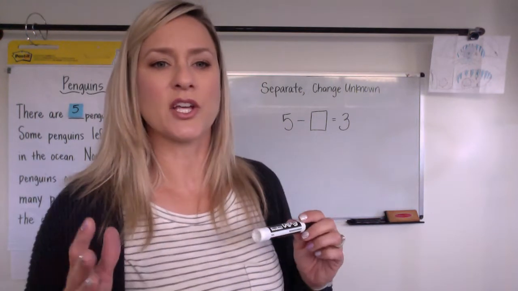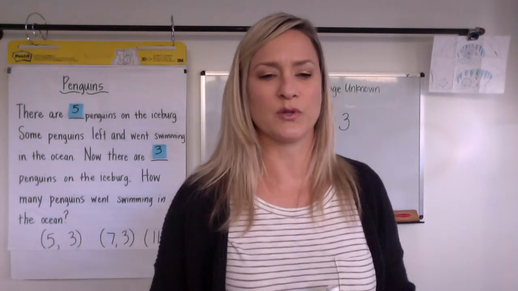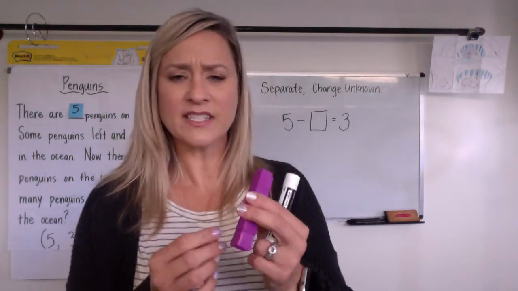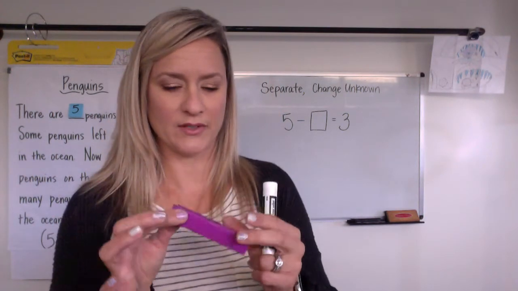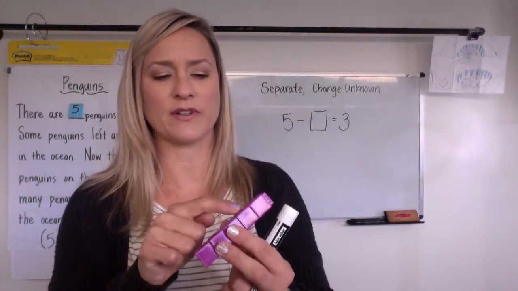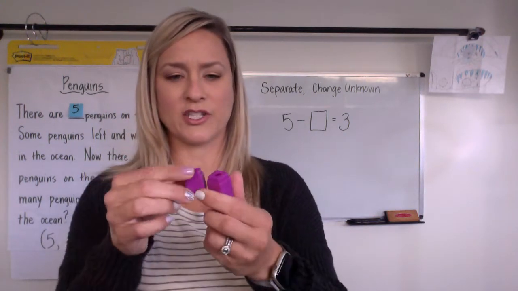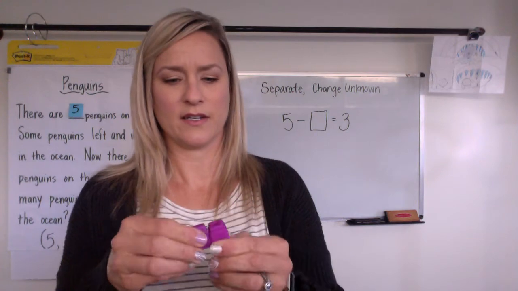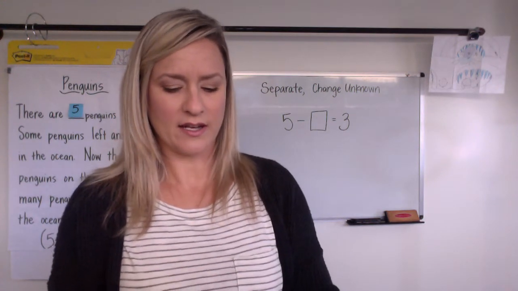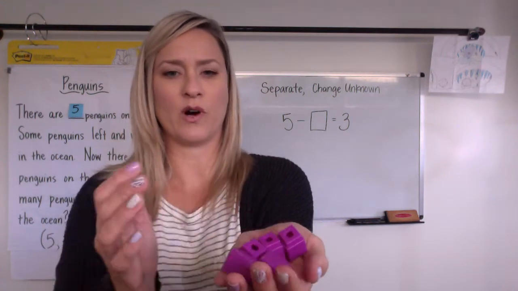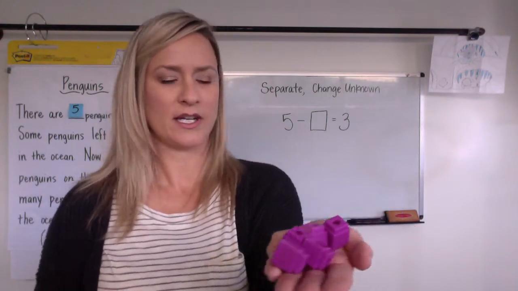Okay, so something they might do to solve this problem is draw out an iceberg, or they might use tools, right? So they have 1, 2, 3, 4, 5. Most kindergartners will probably separate these out into ones, right? Like this. So then this would represent 1 iceberg, right?